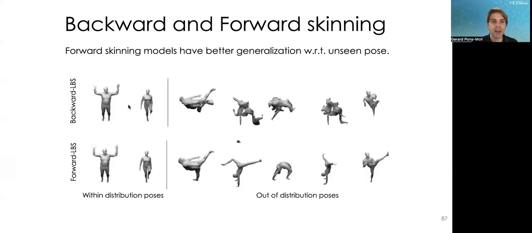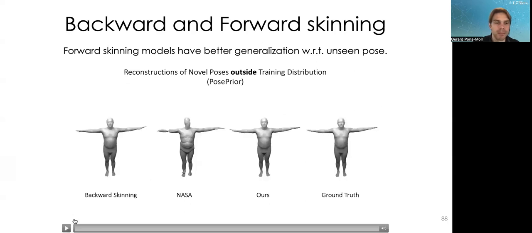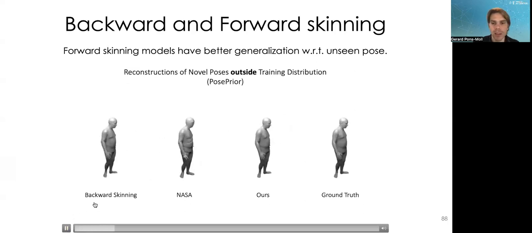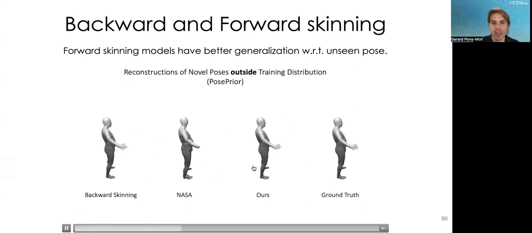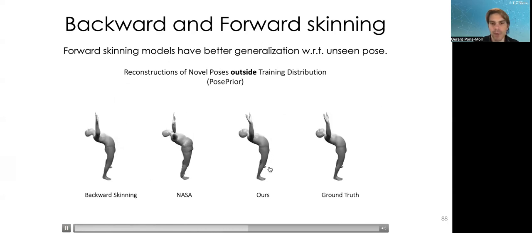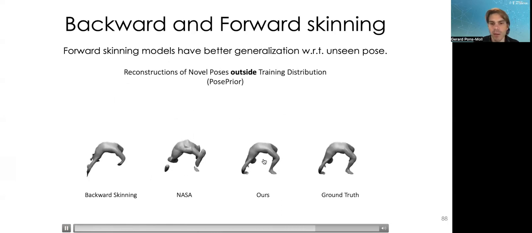So you can see here forward versus backward LBS, and backward LBS, as soon as the poses are crazy, it completely breaks down because it doesn't predict the right skinning weights for those poses. All right, so this is a comparison of different methods, and you can see that these forward skinning models work much better for difficult poses.